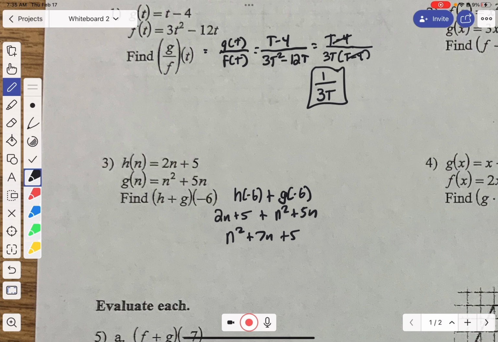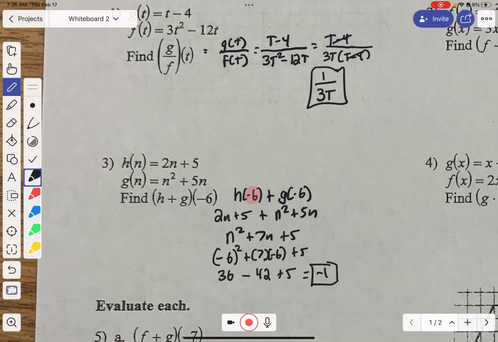Now we're going to evaluate it at negative 6. So that's negative 6 squared. Make sure you put that negative 6 inside parentheses. That gives you 36 plus 7 times negative 6, which is negative 42, plus 5. I believe that gives you negative 6 plus 5, negative 1 for a solution.